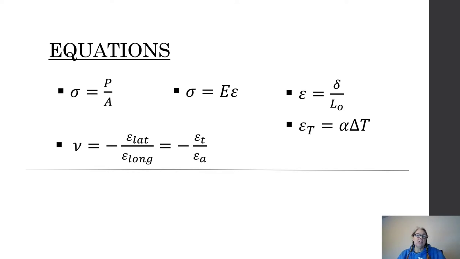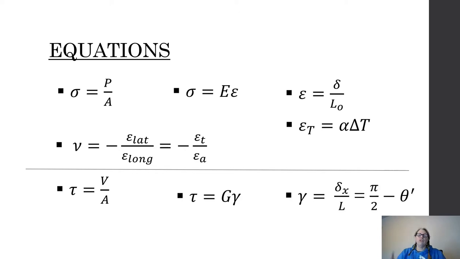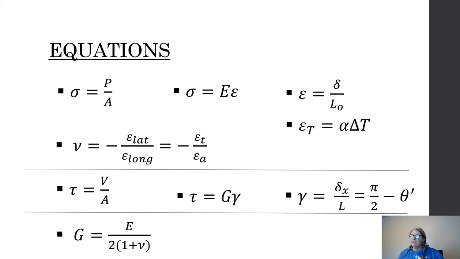We also have Poissons ratio. Poissons ratio is the relationship between that longitudinal strain and that cross-sectional tangential lateral strain, okay? Shear. We have a shear relationship between stress and deformation, okay? And we now have a way to kind of put all of this together.